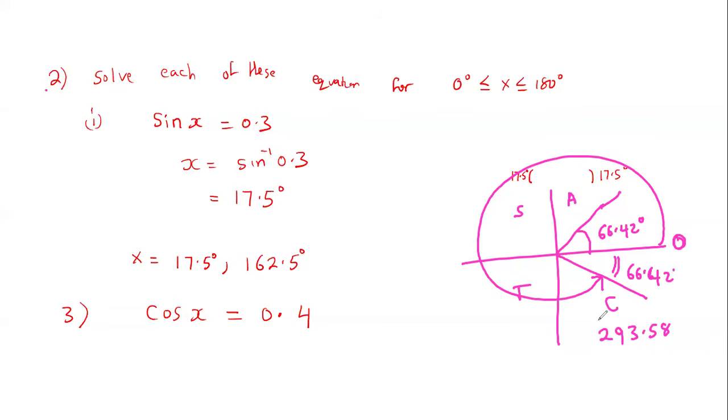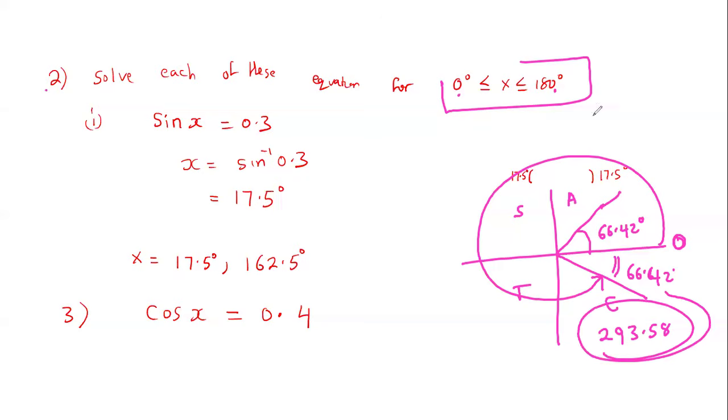Now you go back and reason out. They have told us that our domain is between 0 and 180. But the next answer you're getting is above 180. So here I expect that your answer is 66.42 degrees or 66.4 degrees.